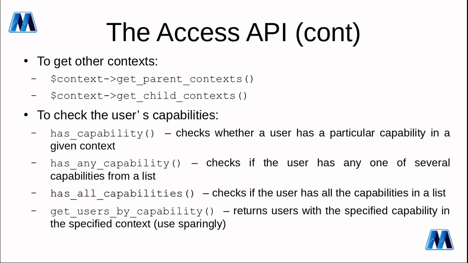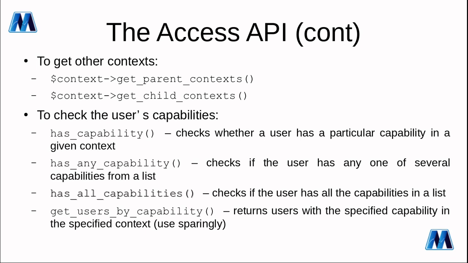Then other functionalities to check user capabilities. So you can use the function has capability, which checks for a particular capability, and this is the one you probably use the most because you'll be checking for your capability in order to determine whether the user has the right or permissions to do an action within the plugin.